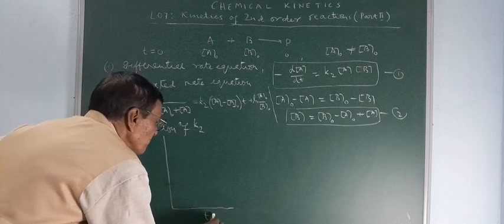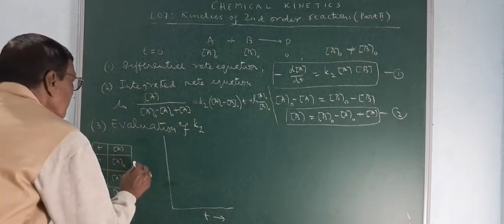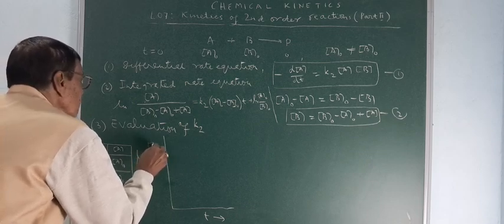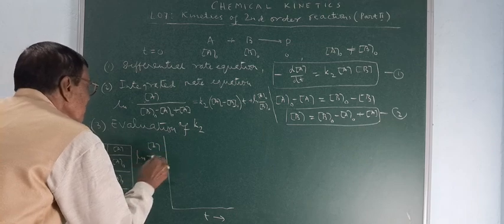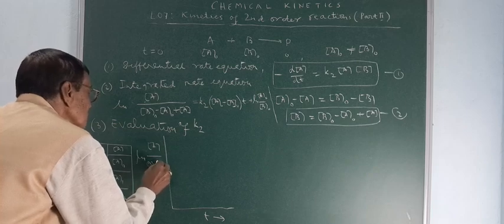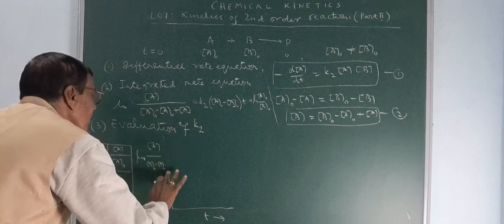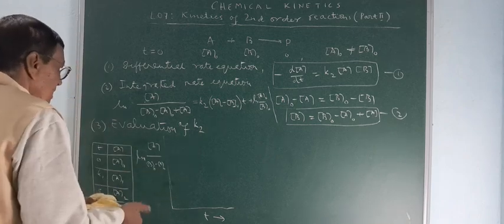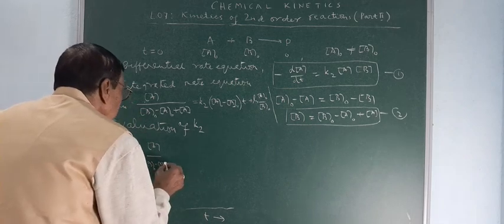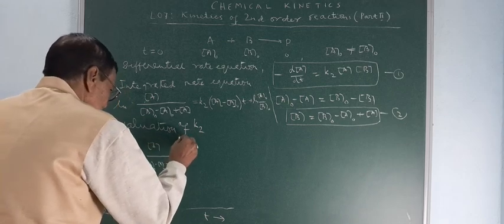Here t is the independent variable, and the left hand side, ln concentration of A divided by (concentration of B naught minus concentration of A naught plus concentration of A), is plotted on the y-axis.